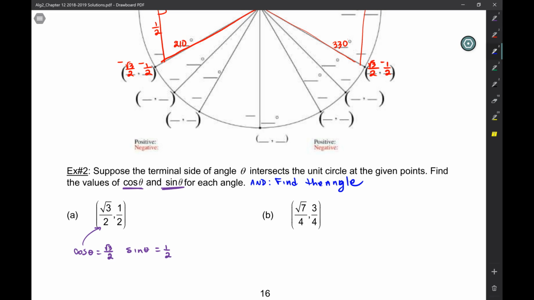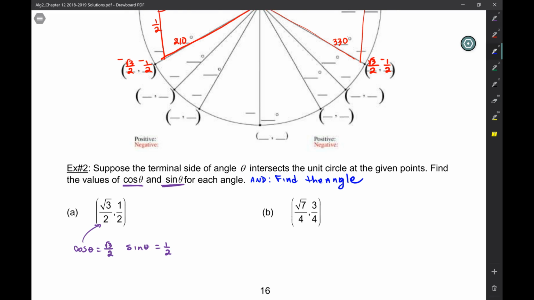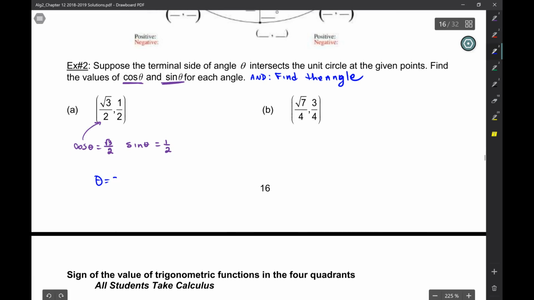So you go longer and shorter. And now, how do I know? 1/2, that's the vertical. That's the smaller in the vertical, so I must face the smaller side. So it's 30 degrees or pi over 6.